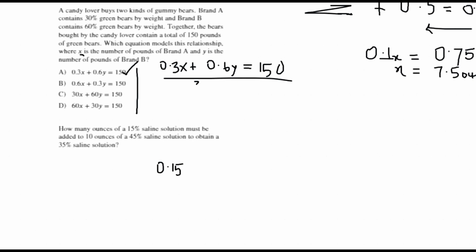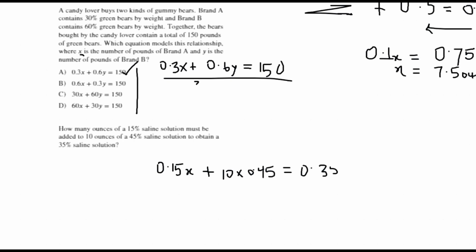Then to obtain a 35% solution, 35% is 0.35, multiplied by the total. The total here would be x plus 10, so 10 plus x.